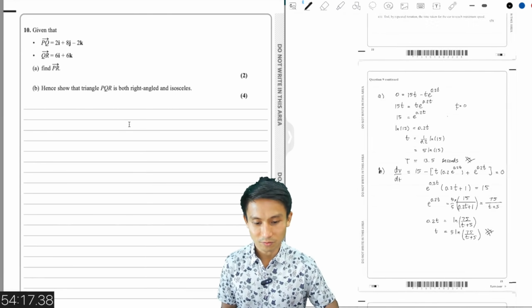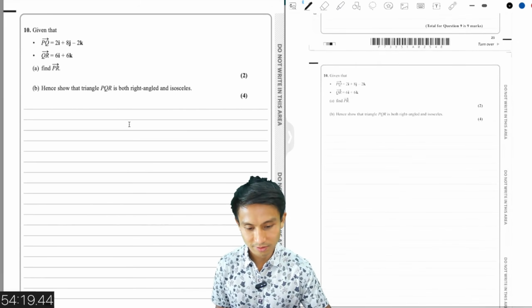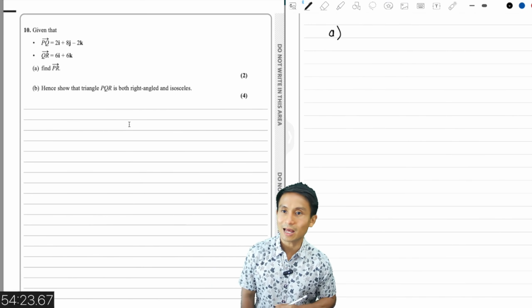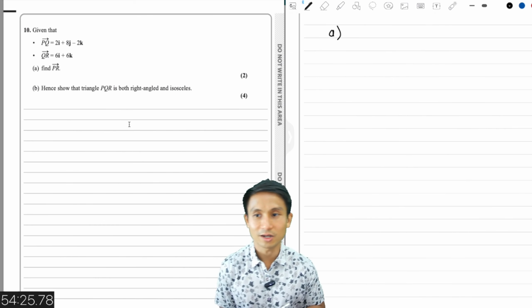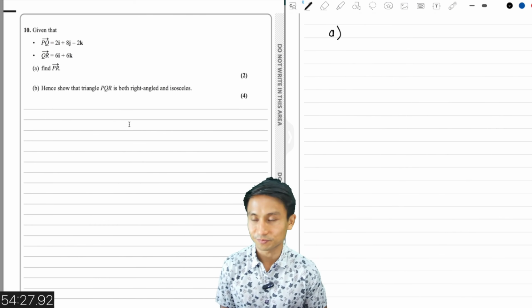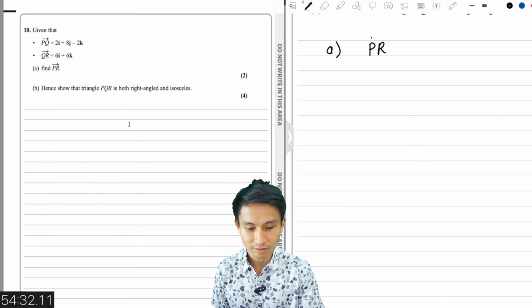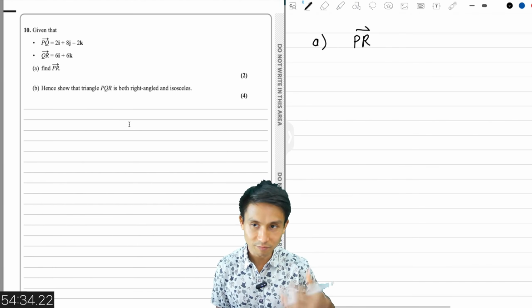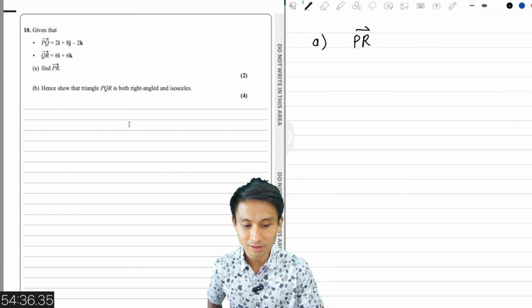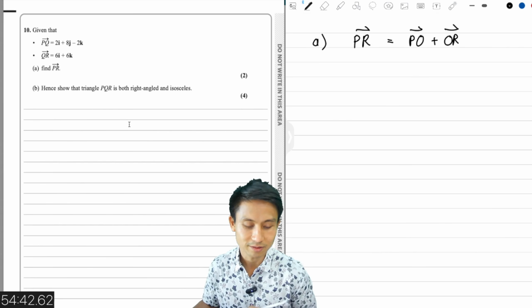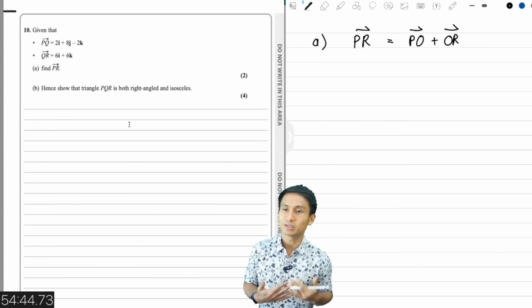Number 10. Was that number 9? Yeah, okay, it was. Number 10. Vectors. Given that PQ is that, QR is that, find PR. Well, we can think of PR as a relative vector coming from PO plus OR, or you can do OR minus OP.